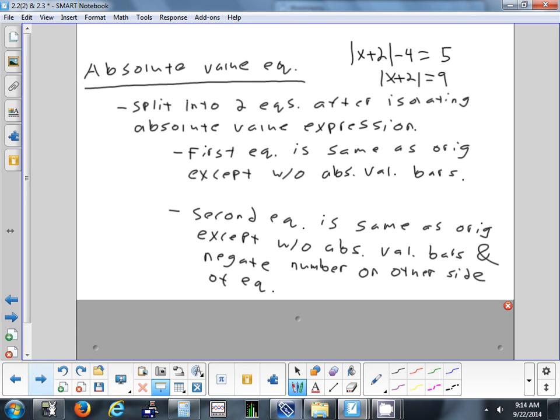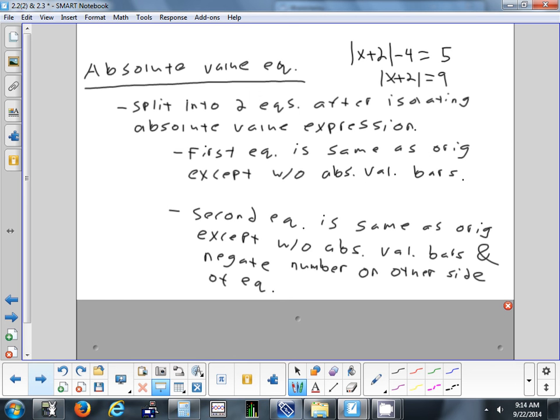The second equation is again the same as the original, except you take out the bars, just like we did, but we have one extra thing to do: change the sign of the number on the other side. Or another way to say that is negate.